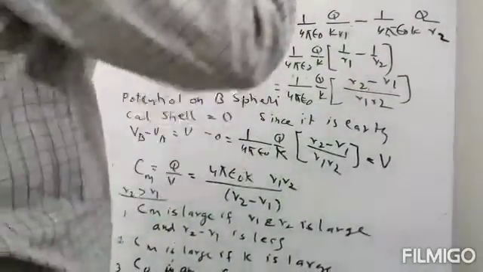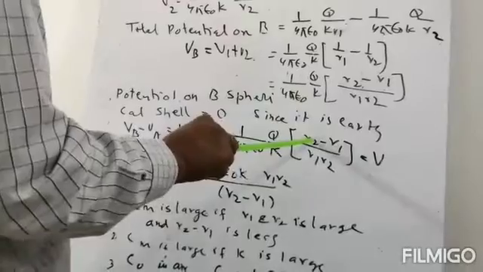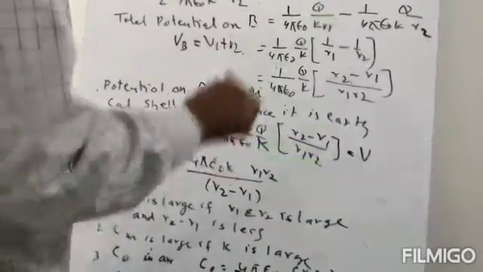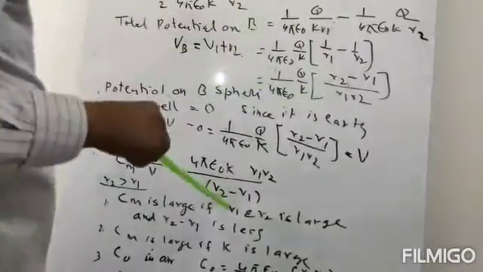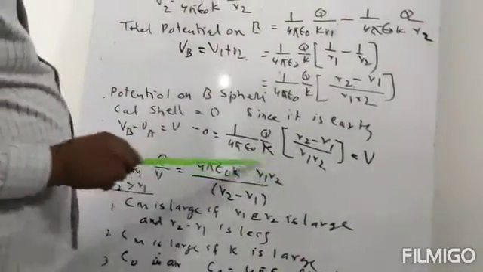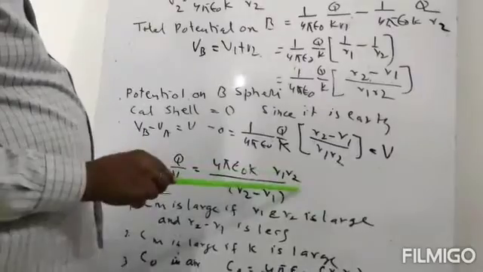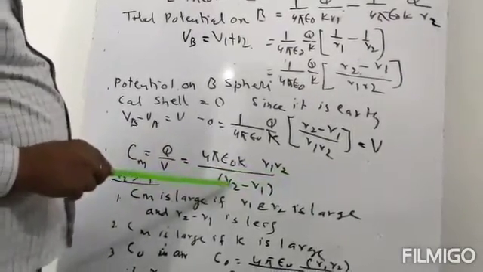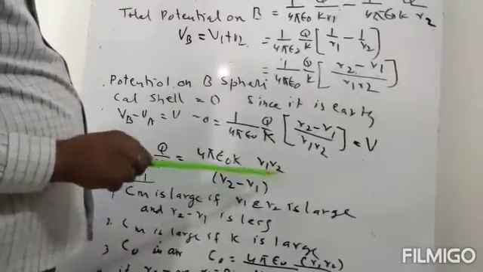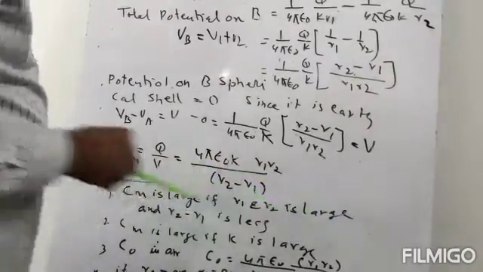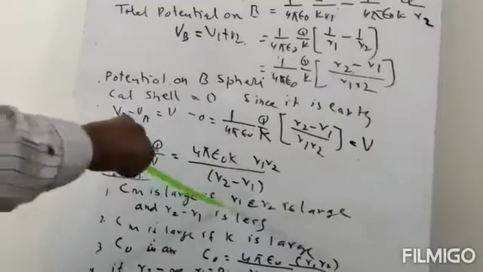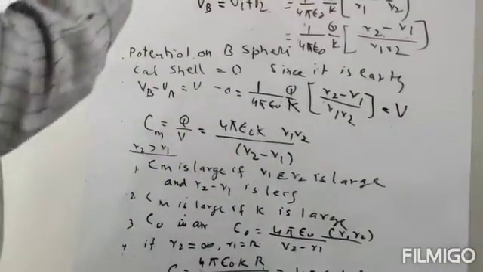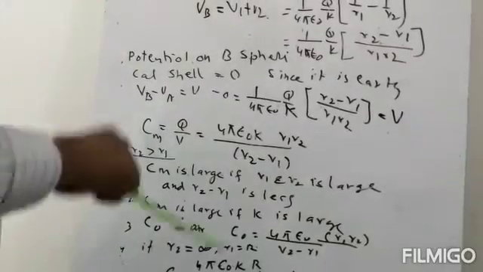Second thing, R1 and R2 should be large, because they are in the numerator as a product, and the difference R2 minus R1 should be small. So this will be the condition when the capacitance of a spherical condenser will be more.